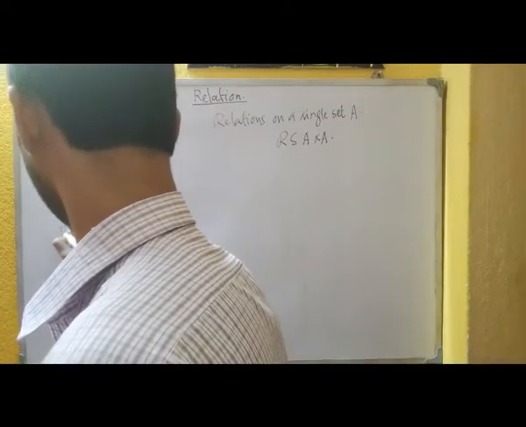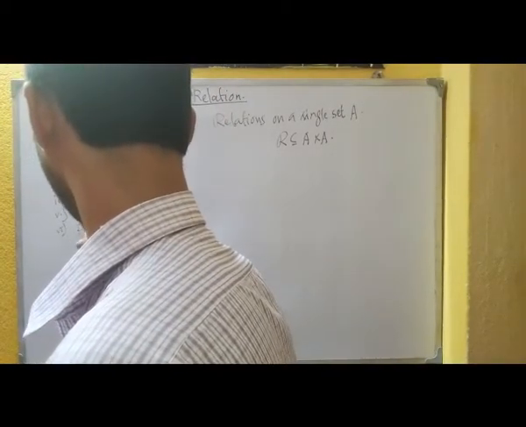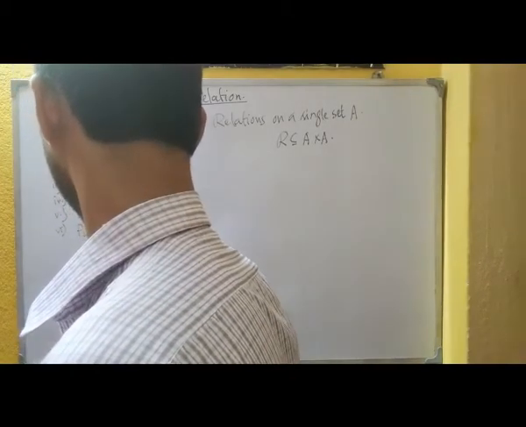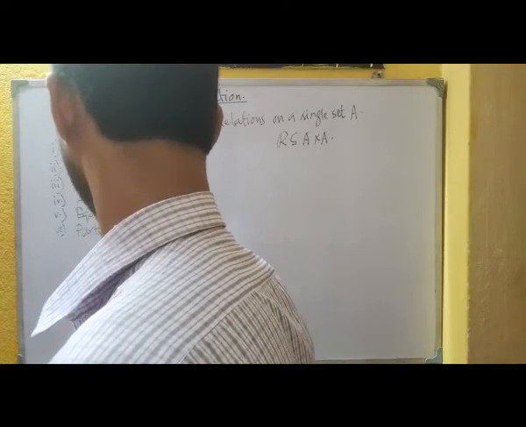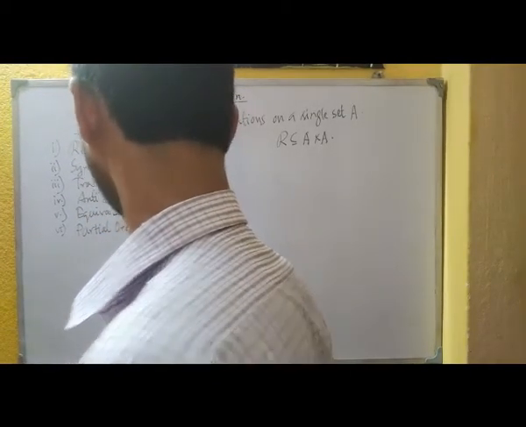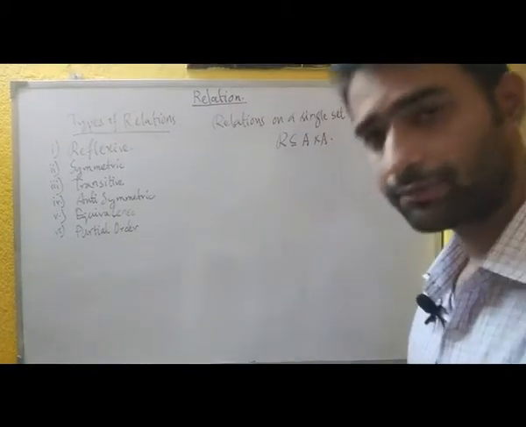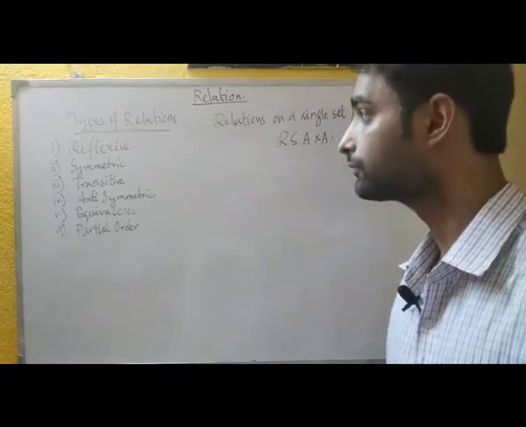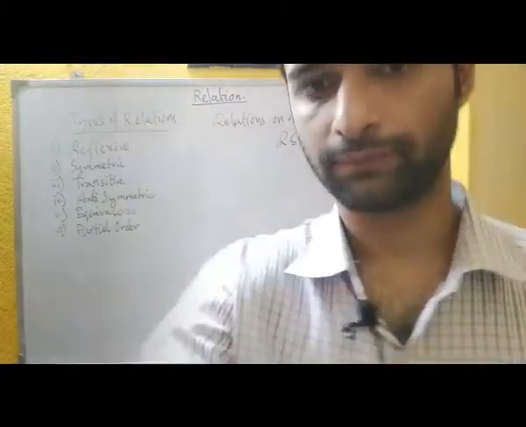Number 6 is called the poset, or the partial order relation. So these 6 types are there. We will discuss all of them one by one. Okay, so let us start.